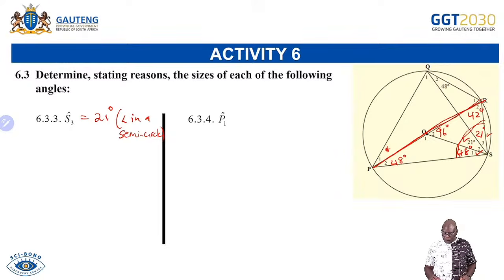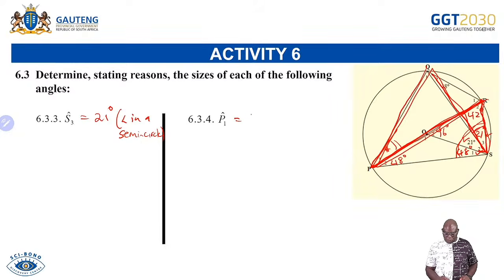So I know that P1, if I do this, P1, you see that? So it's my bow tie again. Nice. So if this angle is 21, that angle will be 21.